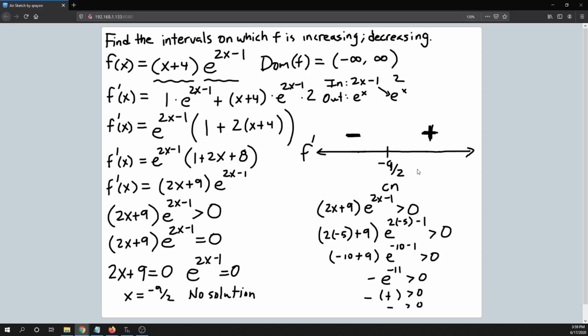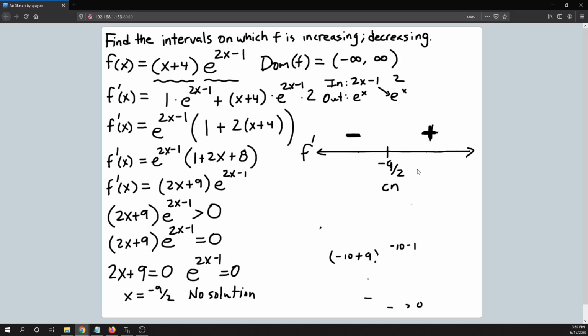And once you have that sign diagram completed for the derivative, then you can just look at it and write down the answer, the intervals on which f is increasing and the intervals on which f is decreasing. All right, so the original function f is going to be increasing on the interval from negative 9/2 to infinity, wherever there's a plus, which is right here.